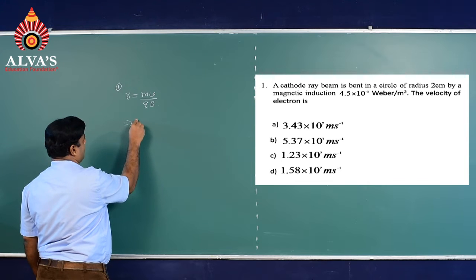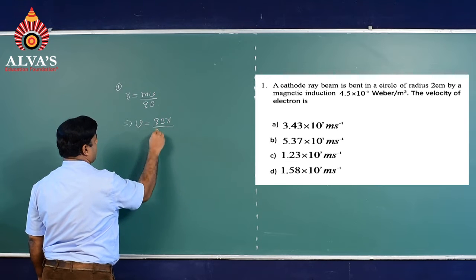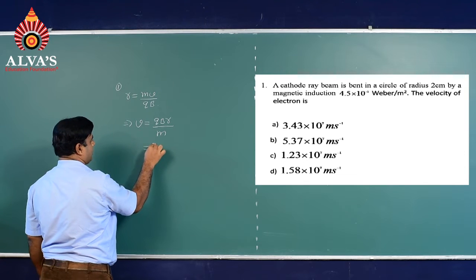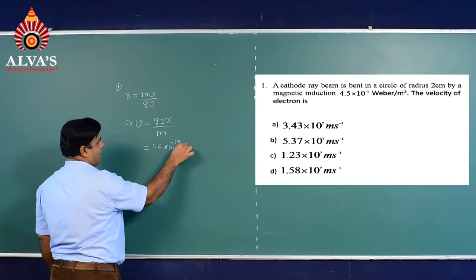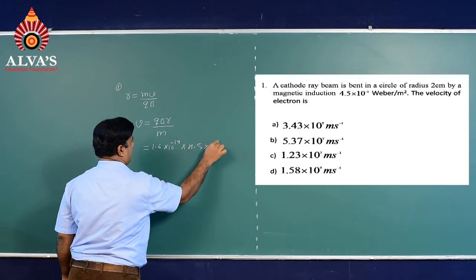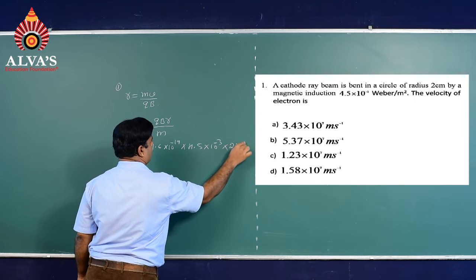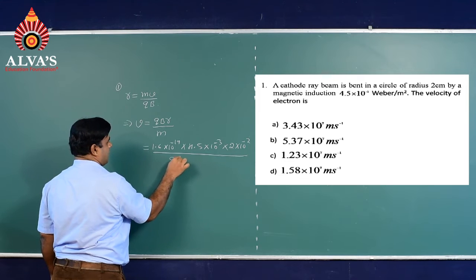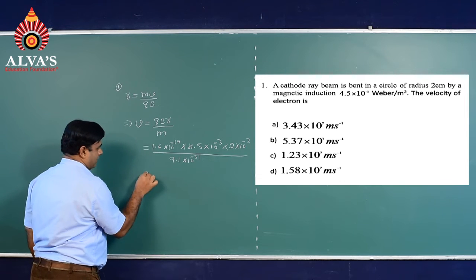So, modify the formula v equal to q into b into r divided by m, where q is charge, it is the electron 1.6 into 10 to the power minus 19, magnetic field is given 4.5 into 10 to the power minus 3, radius of the path is 2 centimeter, 2 into 10 to the power minus 2, its electron mass is 9.1 into 10 to the power minus 31.